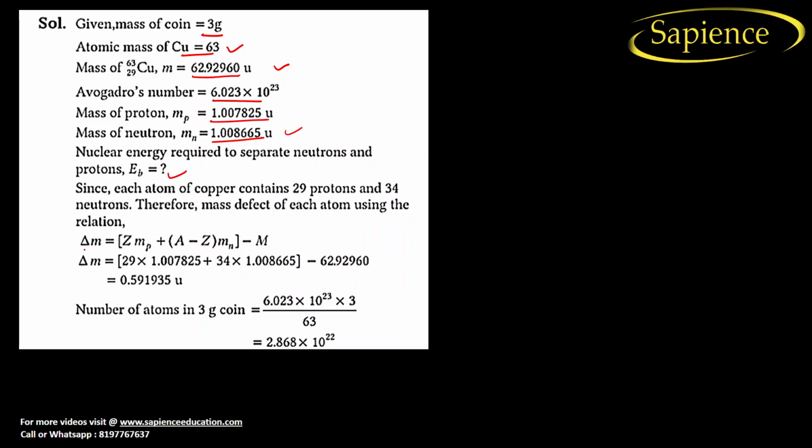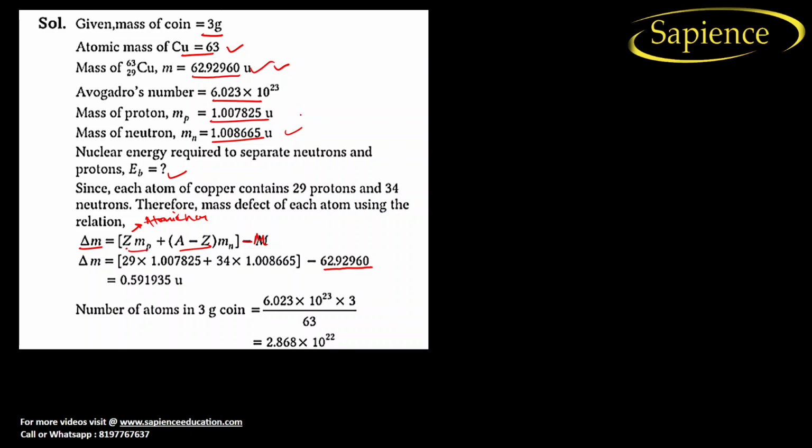Now we know that Δm is equal to Z times the mass of the proton, where Z is the atomic number, plus (A minus Z) times the mass of the neutron, where A is the mass number, minus the mass of the nucleus. So see here, how much is the mass of the nucleus?